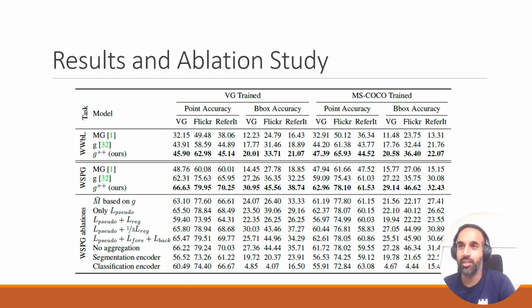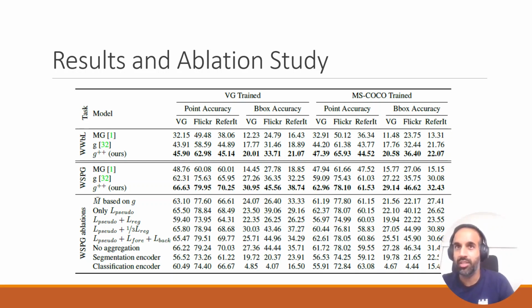Here you can see some numerical results for phrase grounding and WWBL tests. You can see that we improved the performance with a large gap compared to the previous state-of-the-art WWBL, represented by G. We also did an ablation study where the first row is only the heuristic without the fine-tuning.